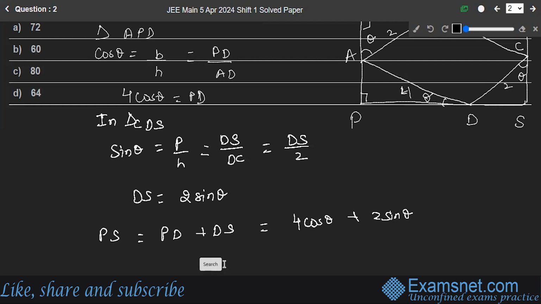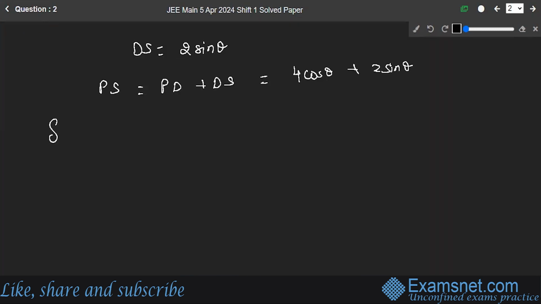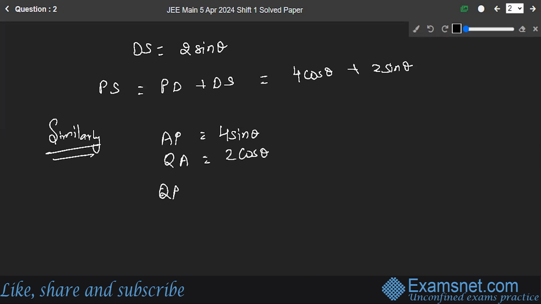And next, similarly, we find out AP will come out to be 4 sine theta, and QA will be 2 cos theta. QP will be given by QA plus AP, or 2 cos theta plus 4 sine theta.